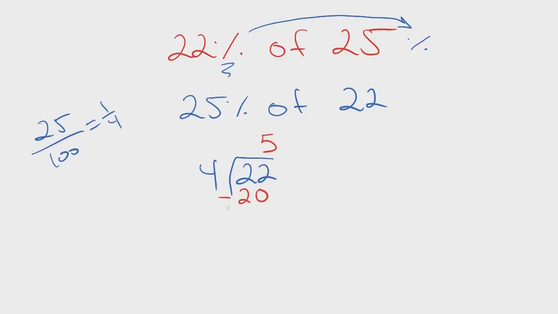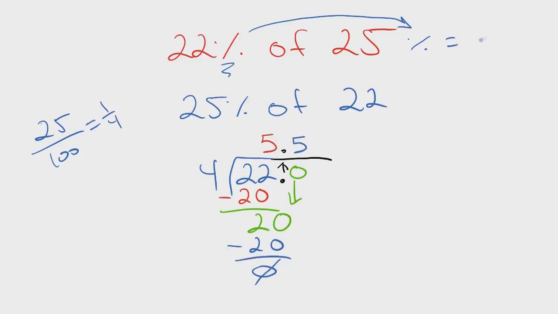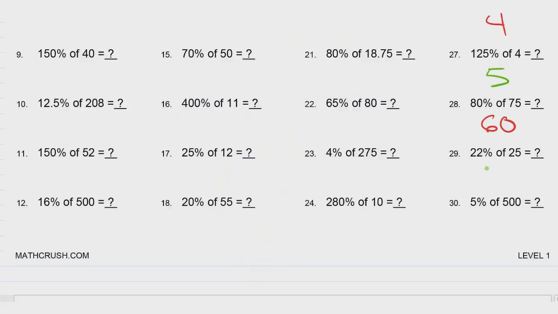I subtract and I get 2. I can add a decimal right here and bring it straight up. I can extend this line. And this allows us to add a 0, which I can just bring straight down. And now we have 20. And 4 goes into 20 5 times. We get an answer of 5.5. So 22% of 25 is 5.5.